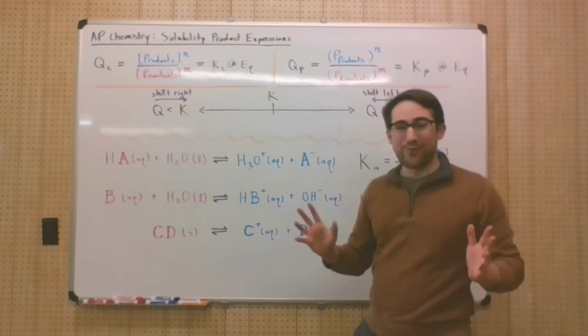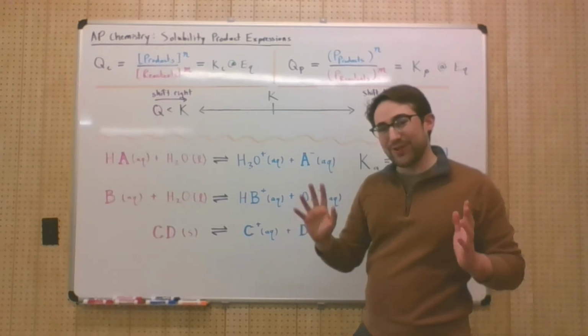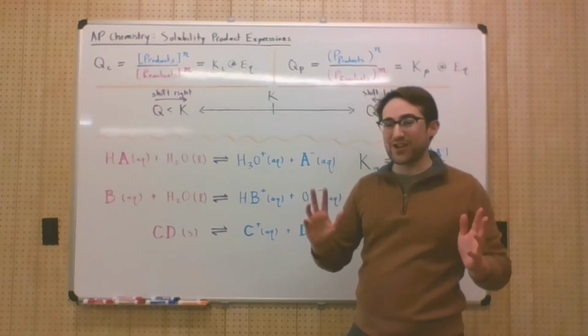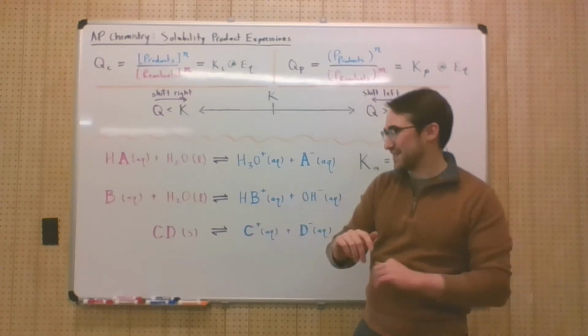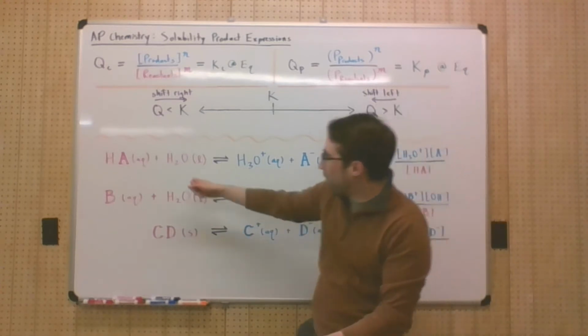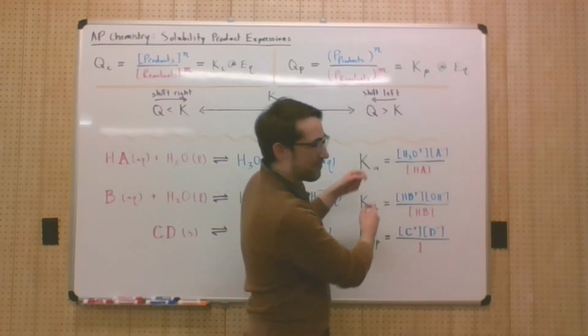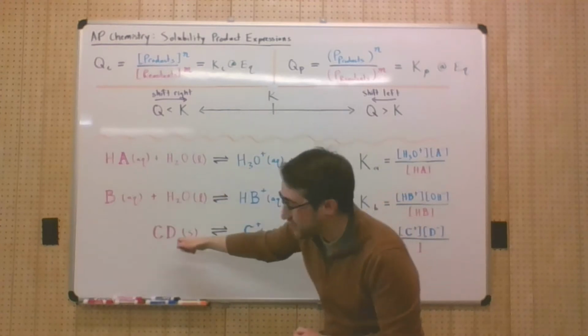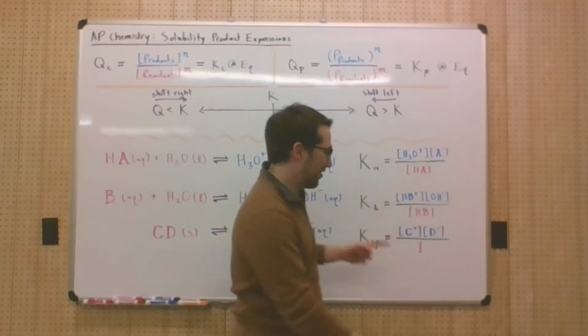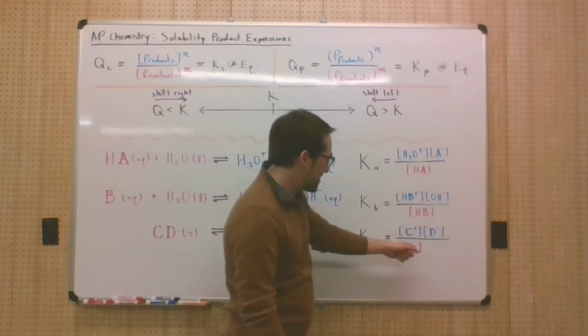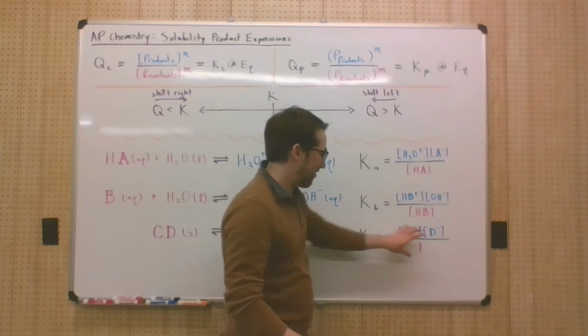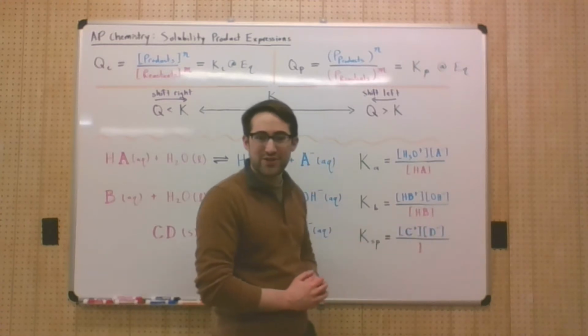If you remember, we don't put solids or pure liquids into an equilibrium constant expression, we leave them out totally. It's like they're not there. So like our water as a liquid in our acid and base stuff does not show up. Our solid that we're starting with here also does not show up. So we have nothing on the bottom of our Ksp expression here.